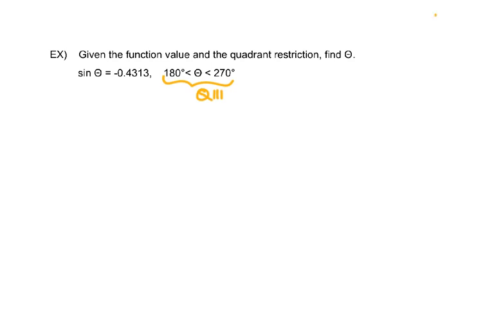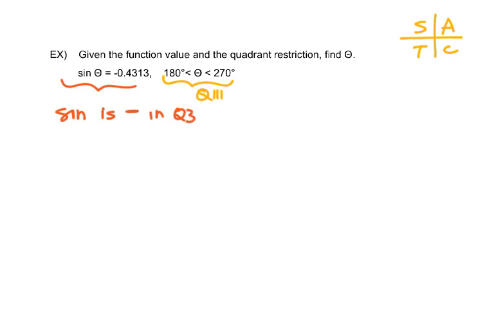What do we know about sine in quadrant 3? We know that tangent and cotangent are positive. The other 4 trig functions are going to be negative. So it makes sense that we have this negative value here. So we know that sine is negative in quadrant 3.